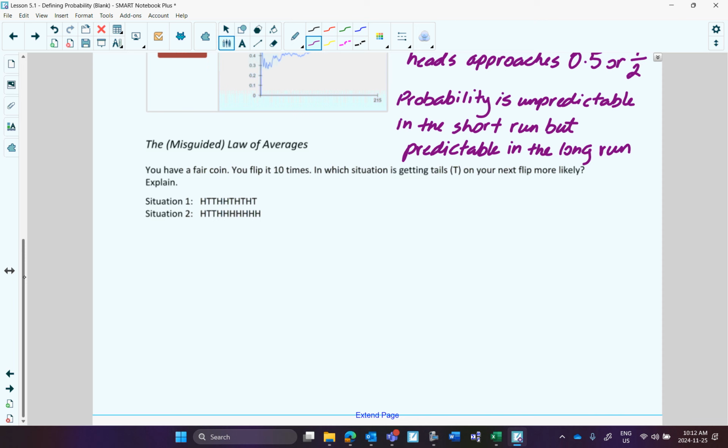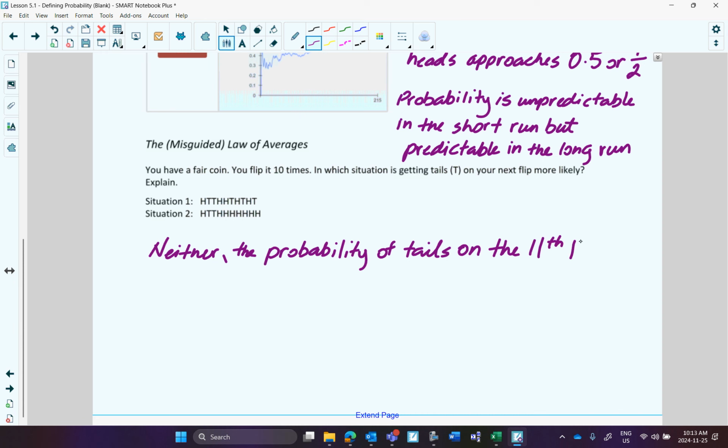Neither, because the probability of tails on the 11th flip is still 1/2. A coin has no memory.